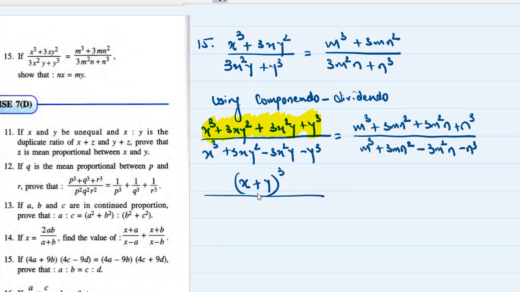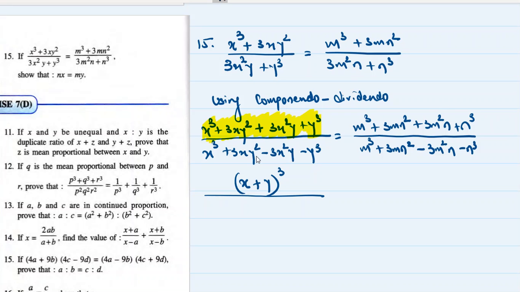In the denominator, see, if you take out the minus sign common, if you take out minus 3xy common, you'll be left with x plus y inside, y plus x or x plus y, whatever you want to say. So x cube minus 3xy bracket x plus y minus y cube.